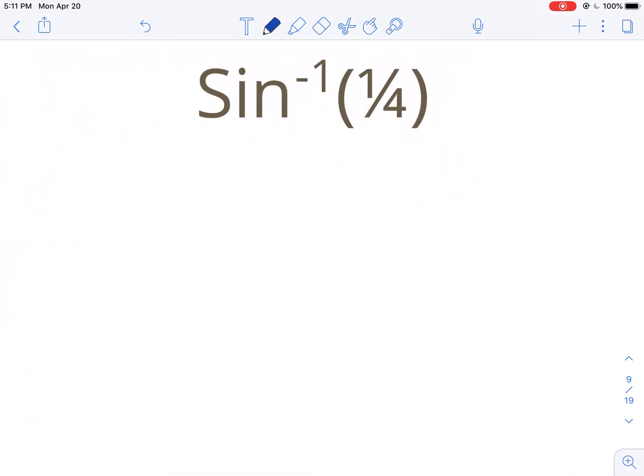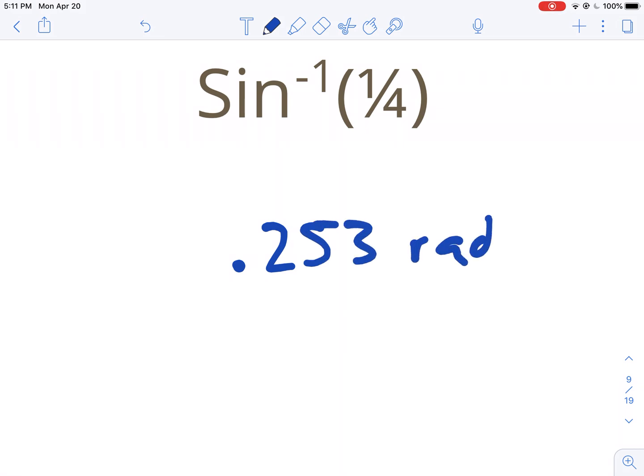I'll do the sine inverse of 1/4. Again, you just hit second, you hit your sine button to get your sine inverse. I'm going to type in 1/4. I'm going to find that this is equivalent to 0.253 radians. I'm also going to go ahead and move my mode to degree mode here.